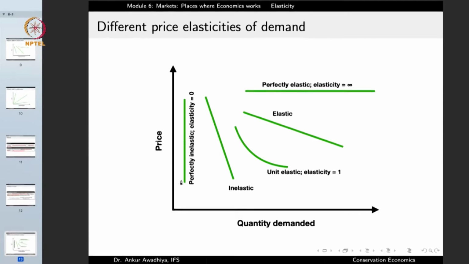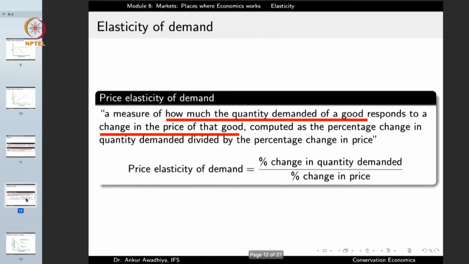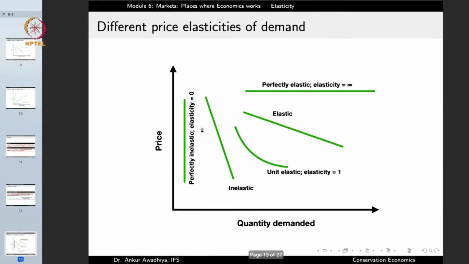The percentage change in the price is very large. And so the price elasticity of demand in this case is the percentage change in quantity demanded, 0, divided by the percentage change in price, which is a very large value. So in total, the price elasticity of demand is equal to 0, which is what we are seeing here. Elasticity is equal to 0. So this is a perfectly inelastic curve.